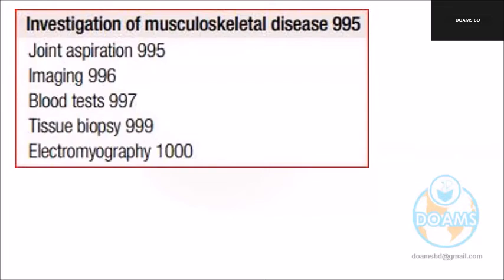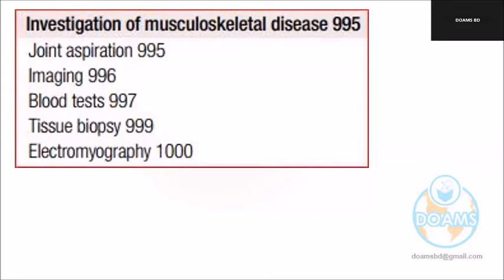Simply it is a muscle disease, like Duchenne muscular dystrophy and Becker's muscular dystrophy. If we suspect purely muscular disease, for confirmation of the diagnosis we may need an electromyogram.